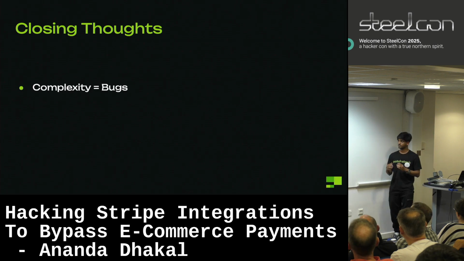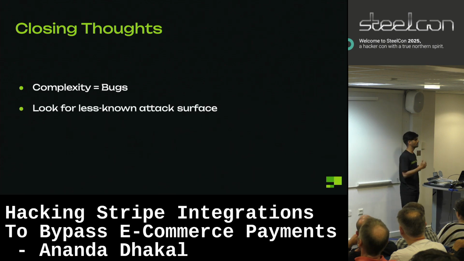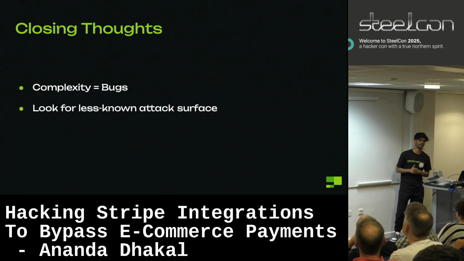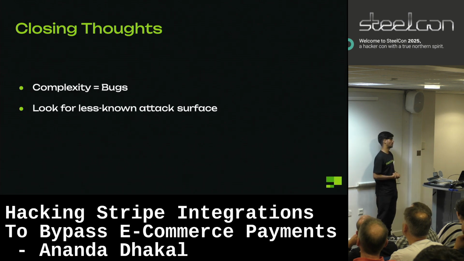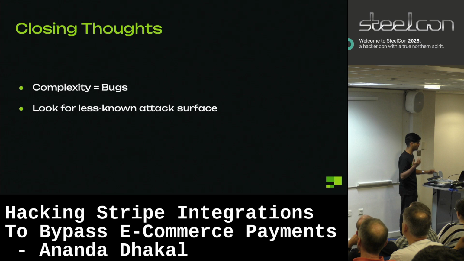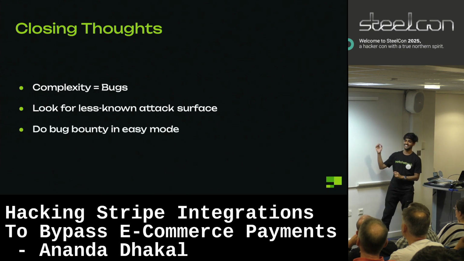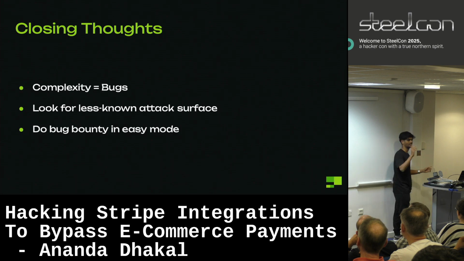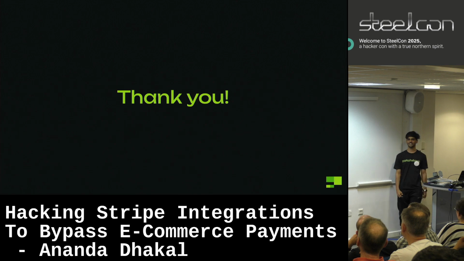Getting a bit out of my comfort zone from the main application and looking into something less known as an attack surface was pretty rewarding. If you do something like this, maybe you can do bug bounties in easy mode as well, if there are any bug bounty hunters out here. So yeah, thank you. If you have any questions, please let me know.